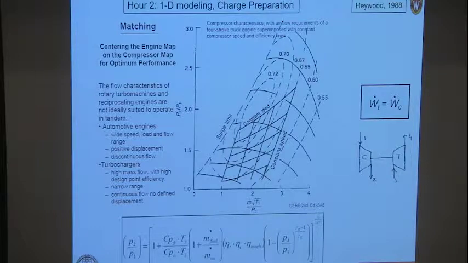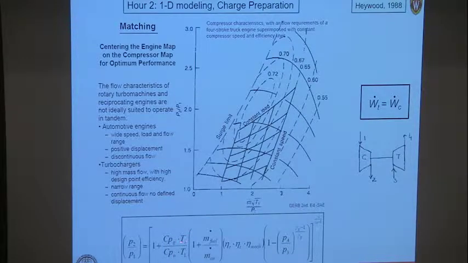So if I plug in the equations I showed you before, I can relate from my turbine work and my compressor work the pressure ratio across the inlet, or the compressor, to the pressure ratio across the turbine. And the parameters you see here are shown.